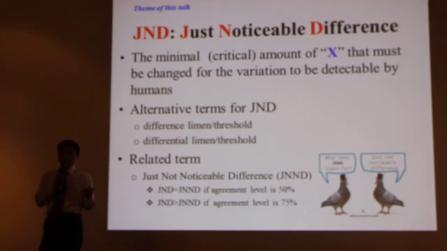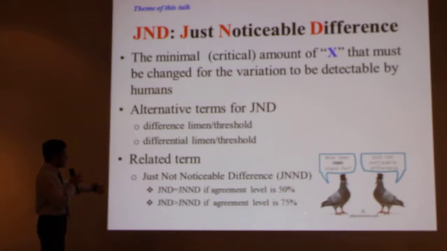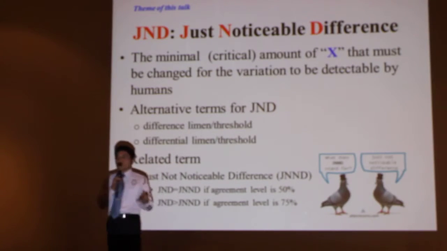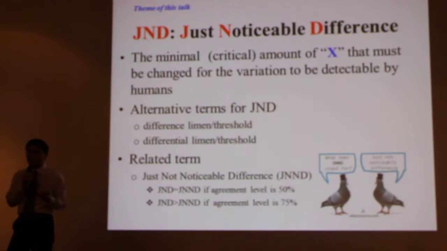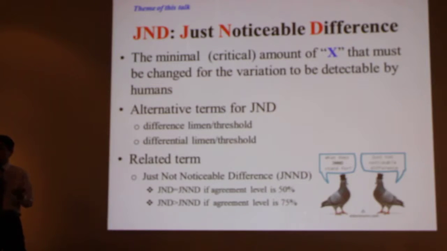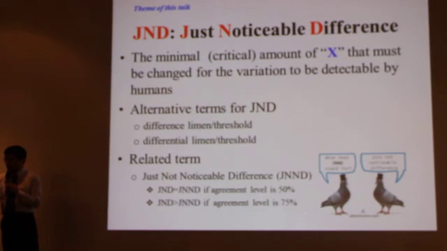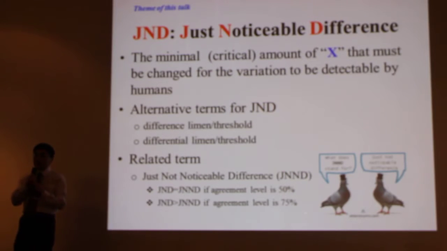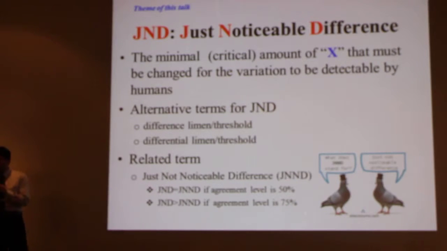But if, in order to reduce the degree of randomness, we set this agreement level to 75%, for example, then JND will be greater than JND. Nevertheless, this belongs to the same concept and same process. This is just some clarification in order to understand the terms in the literature. But JND is more popularly used than JND, although they are similar.